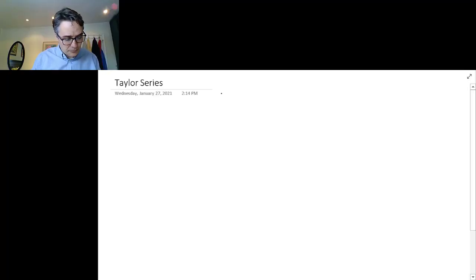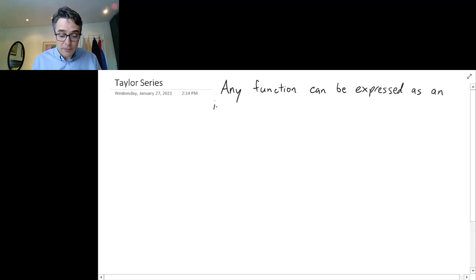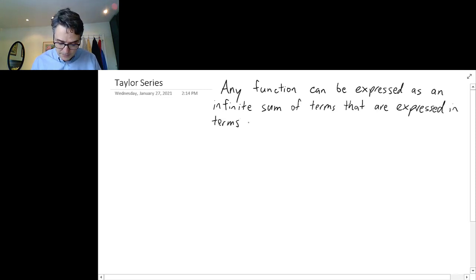Let's find out. So, it turns out that any function can be expressed as an infinite sum of terms that are expressed in terms of the function's derivatives at that point.